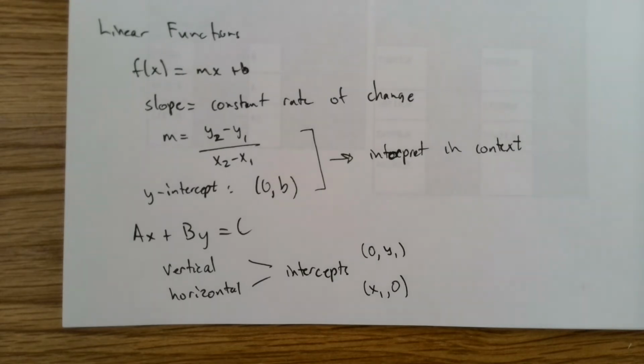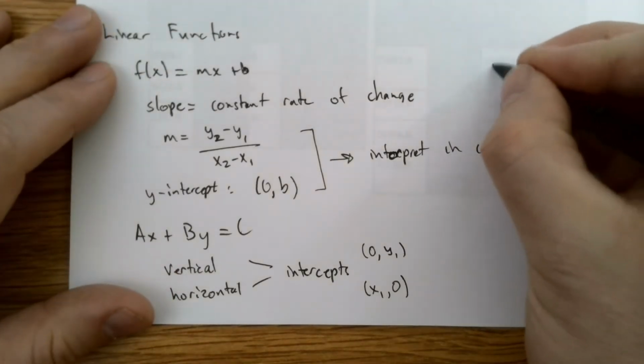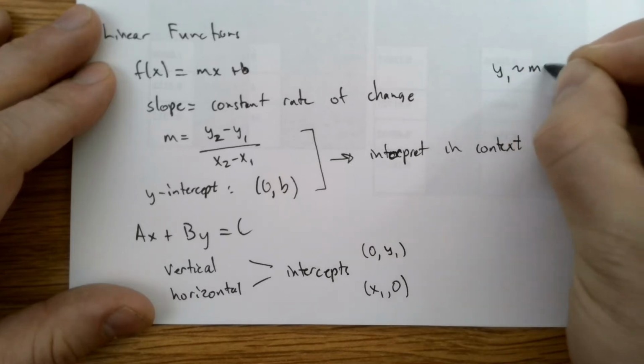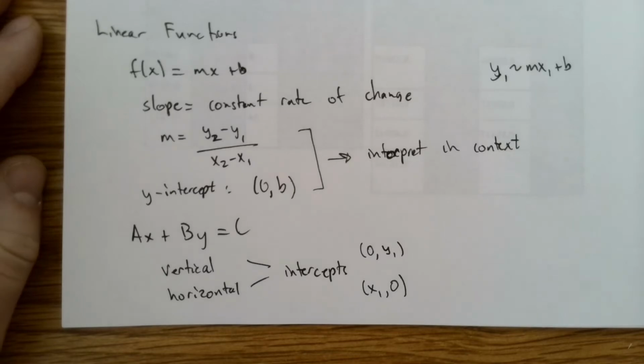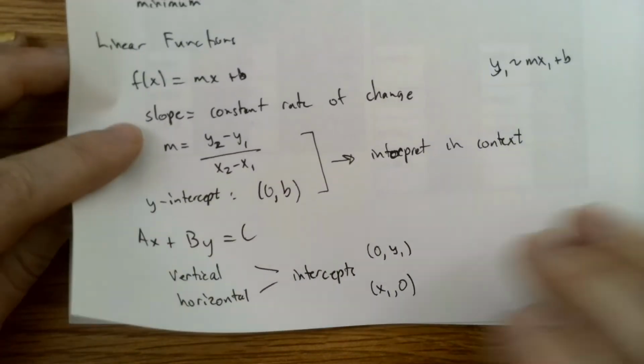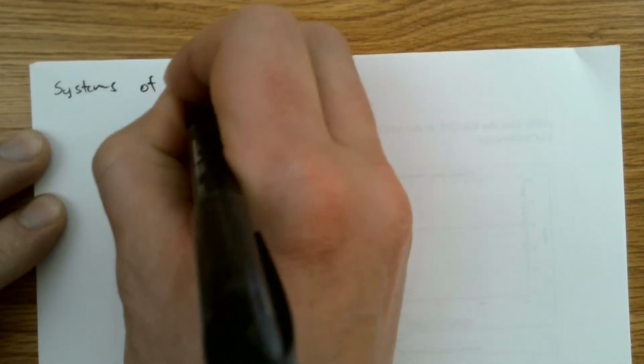We looked at modeling with linear regression, so we looked at the regression being y1 tilde m x1 plus b using Desmos.